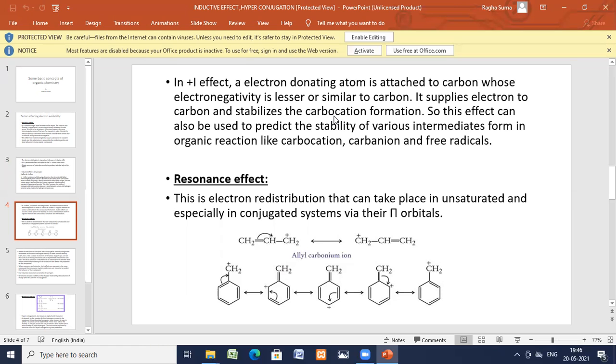Okay? The groups which are responsible for the minus I effect are called minus I groups. The groups showing minus I effect are the nitro group and cyanide group. Nitro group is responsible for more minus I effect. Then cyanide, then COOH group, and fluorine, chlorine, bromine.